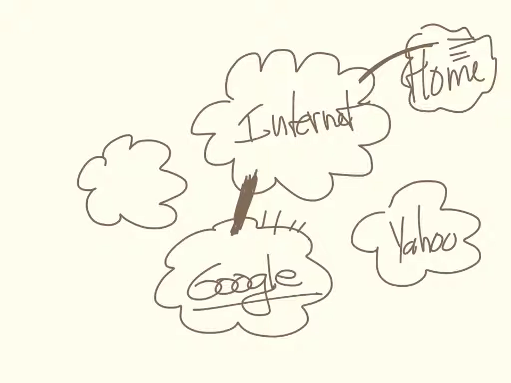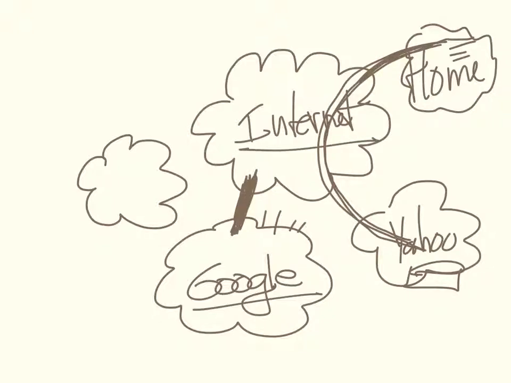Okay? So it goes to Yahoo and it's stored there. When my wife wants to read it, she will come into Yahoo and get the mail off and bring it back to her computer. The internet just becomes the path in which we send it.